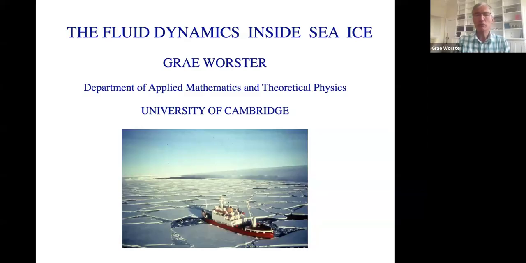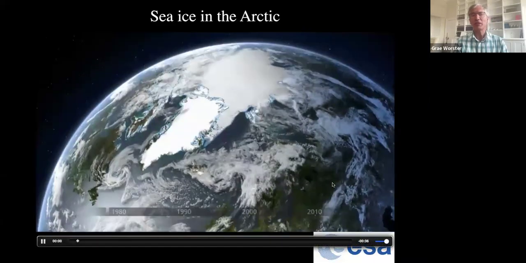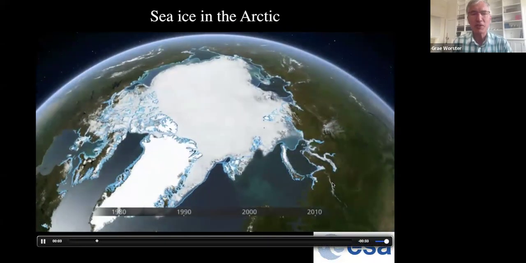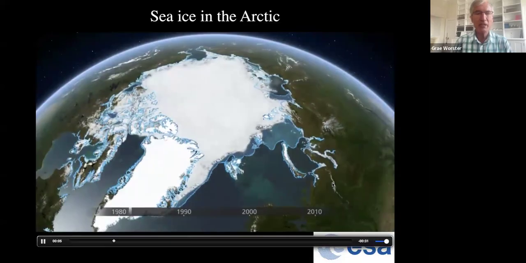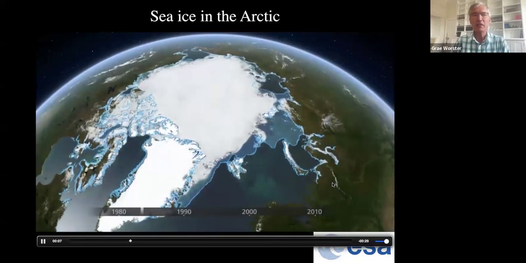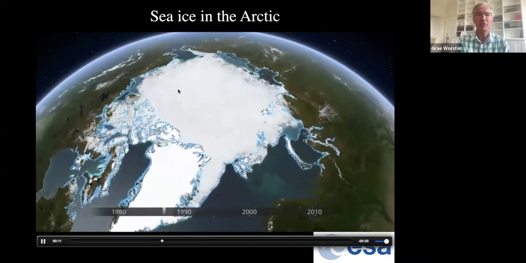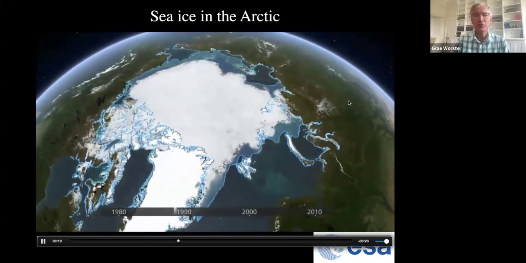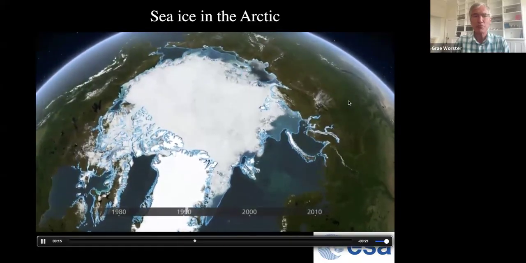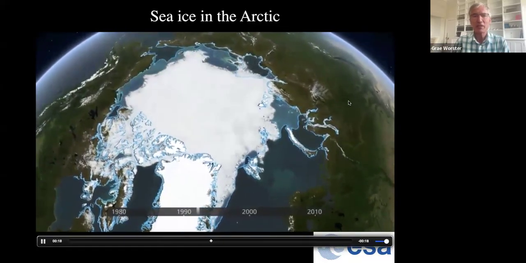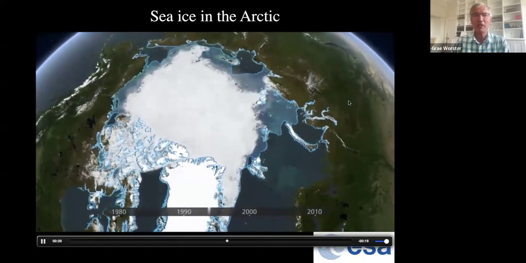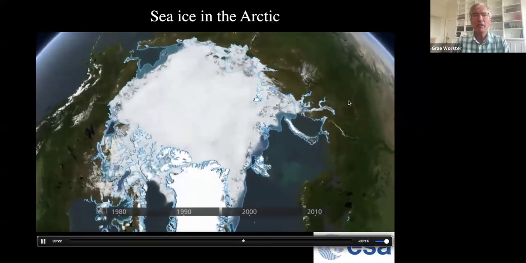So we're going to start with a little video sequence of satellite imagery showing the North Pole in the middle here. We've got the Arctic Basin, which is covered in sea ice. And what you'll start to get the impression of is a sort of breathing in and out as summer goes to winter and back to summer again.